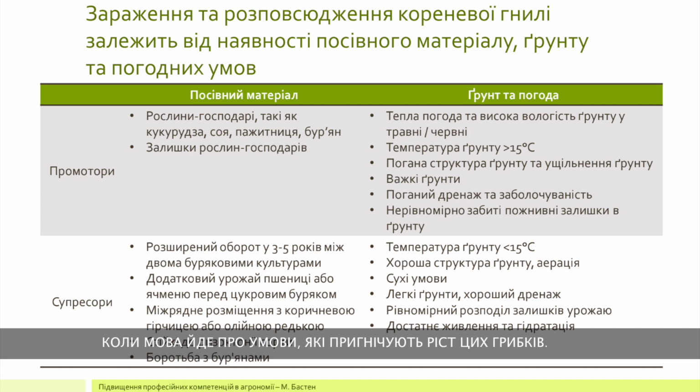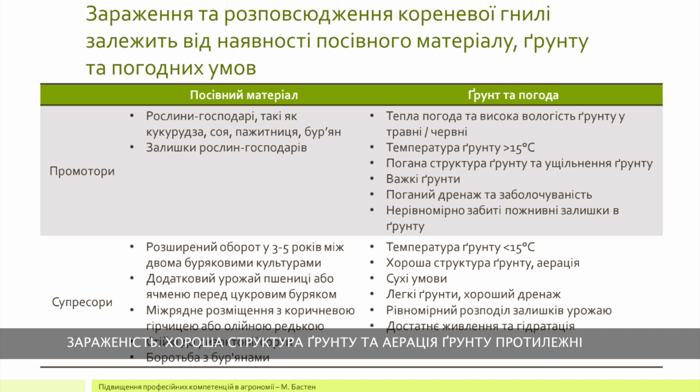When it comes to conditions which suppress the growth of this fungus, it's obvious that low temperatures in May and June, when the sugar beet starts to establish a root and the beet, reduce the infestation.